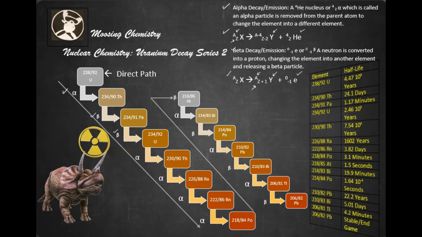Now, uranium-234 undergoes alpha decay and becomes thorium-230. Notice that thorium up here was 234 and thorium down here is 230. They're both thorium, but they're isotopes of each other. Okay? So let's go ahead and clean that up a bit.